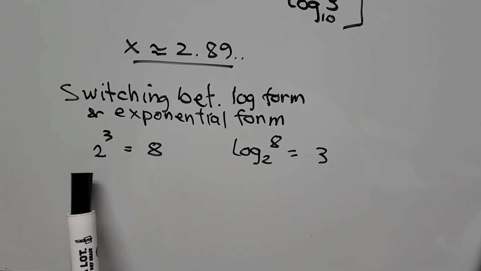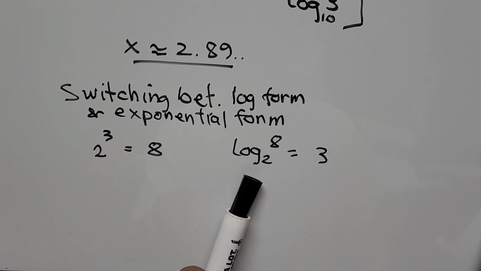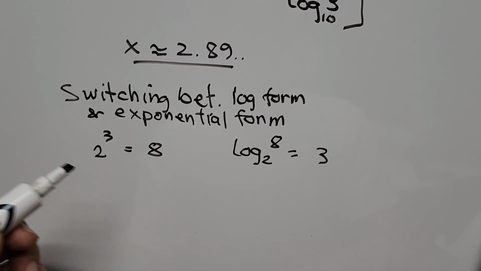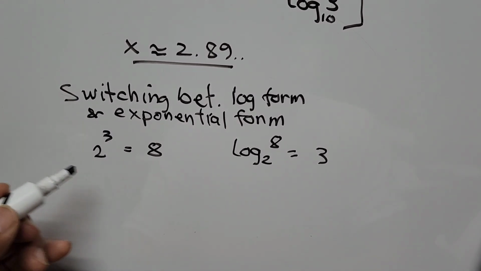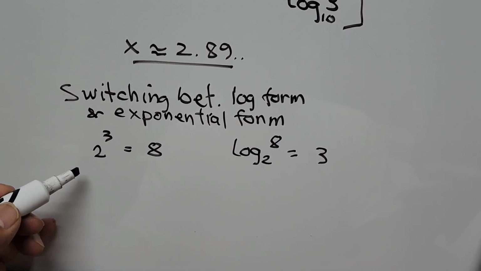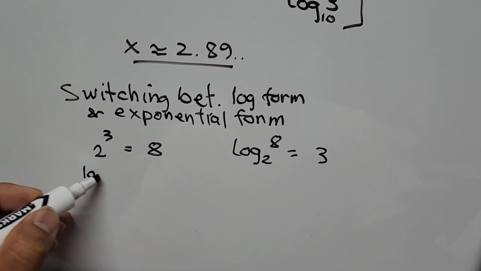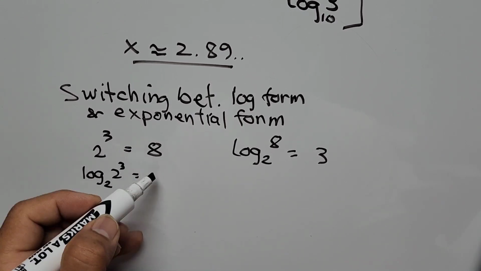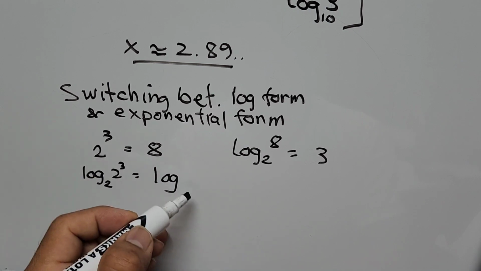So from the exponential form, how do we convert it to the logarithmic form? From the exponential form, we can take the log of both sides of the equation. Since the base is 2, we can use base 2 log. So we have log base 2 of 2 to the power of 3 equals log base 2 of 8.